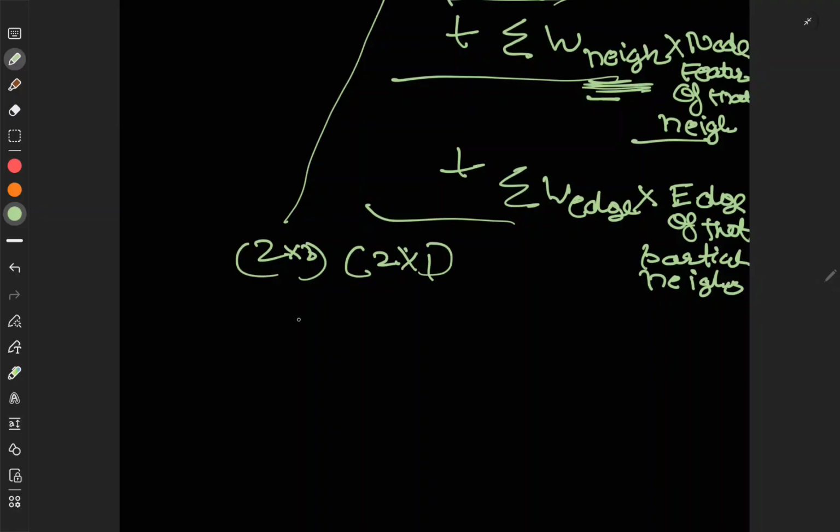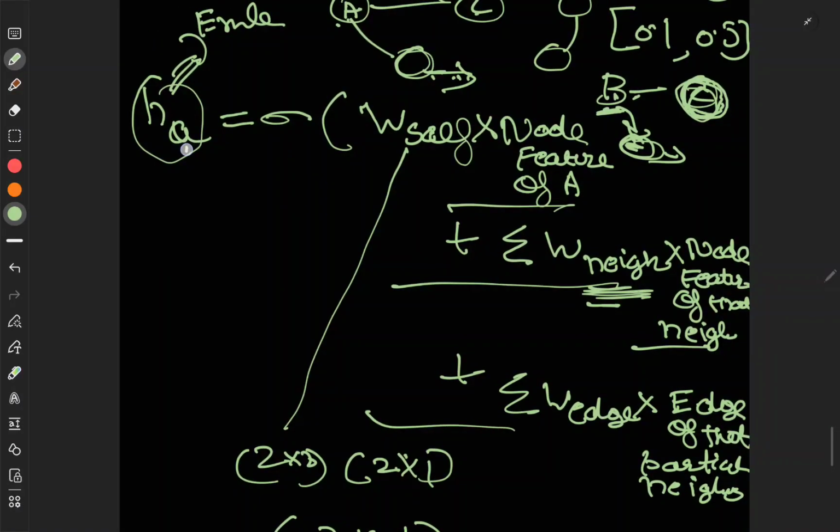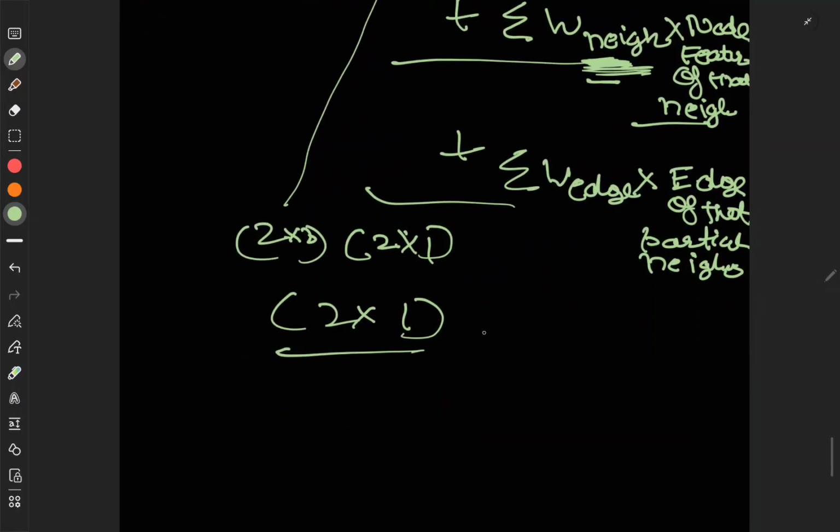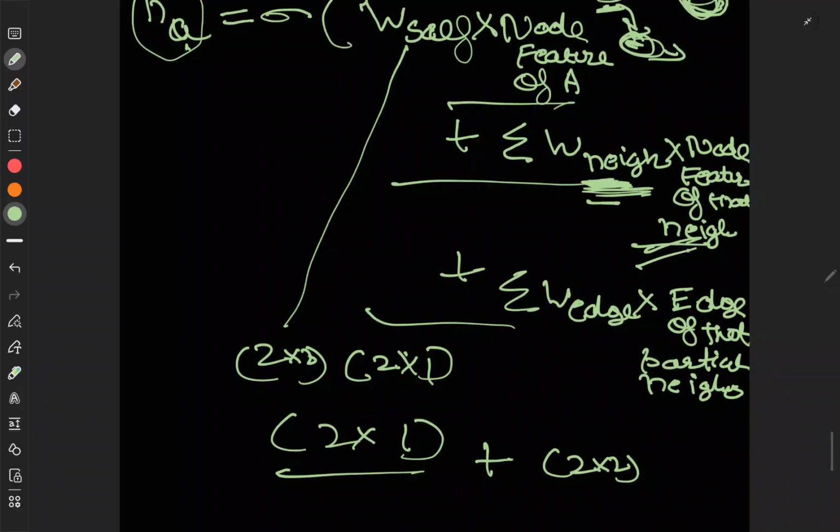So 2 into 1, this quantity would come as 2 into 1. Then for a particular user, A is connected to C, so we will just see the weight of neighbor C. What is the weight matrix for that particular user? It would be some 2 cross 2 matrix. And what are the node features of that neighbor? Again a 2 cross 1 matrix.